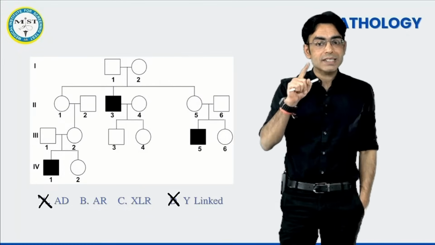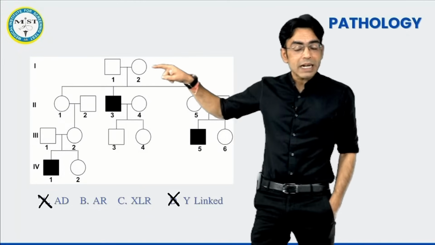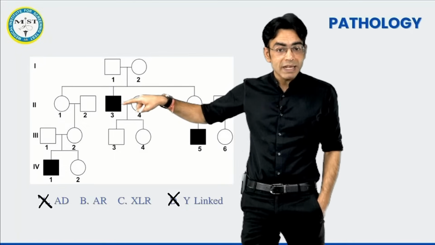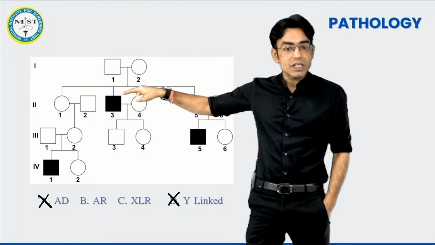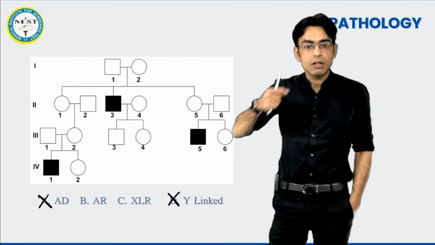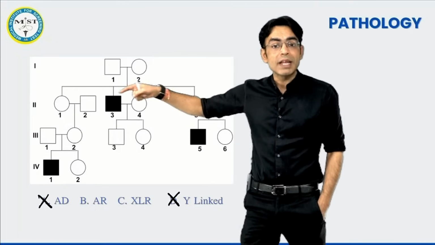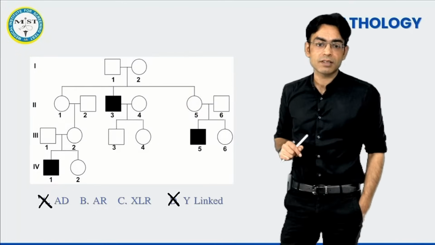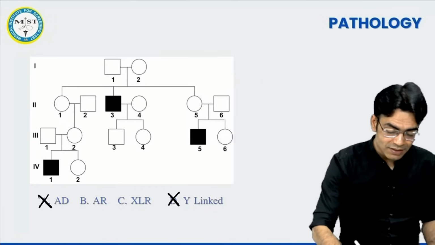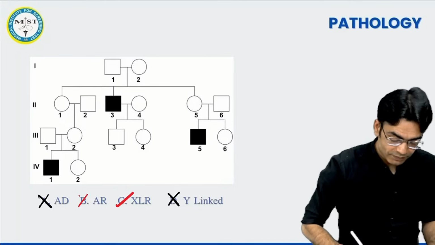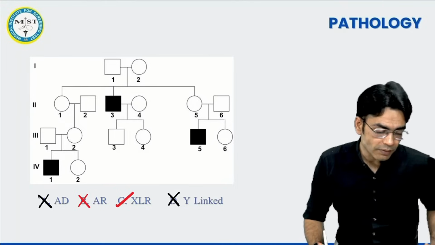Her one X was mutated, and whenever that mutated X comes to a male child, the child gets diseased. And because the mutation on the X which the child has is a weaker mutation, this person is not able to make the further generation diseased. So the correct answer for this question is X-linked recessive. Okay?